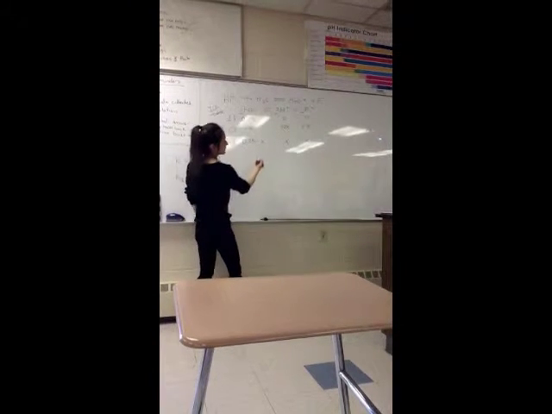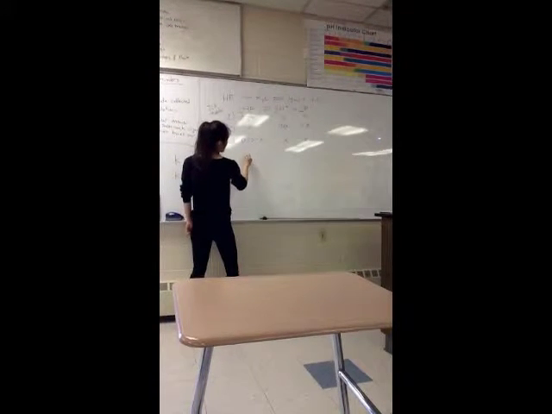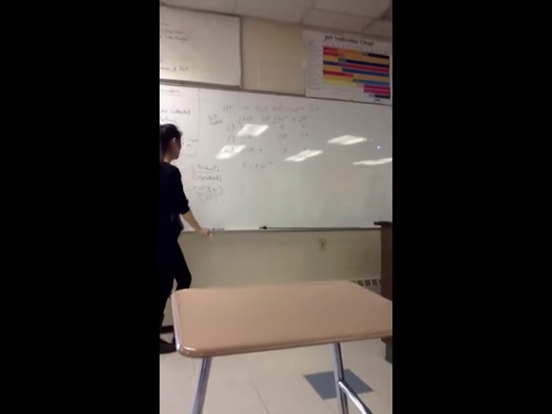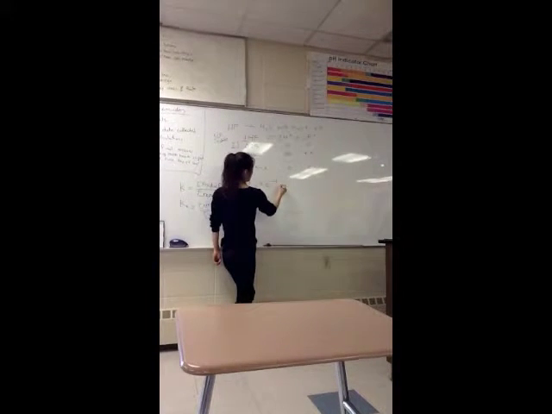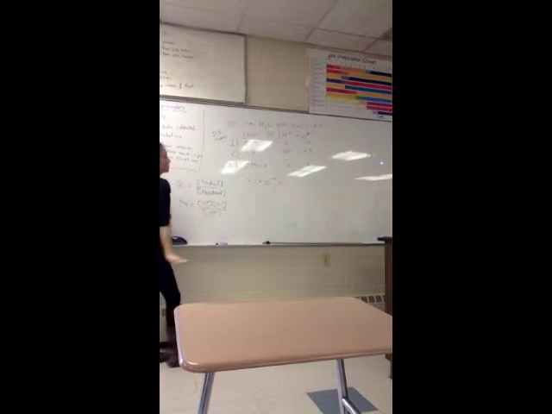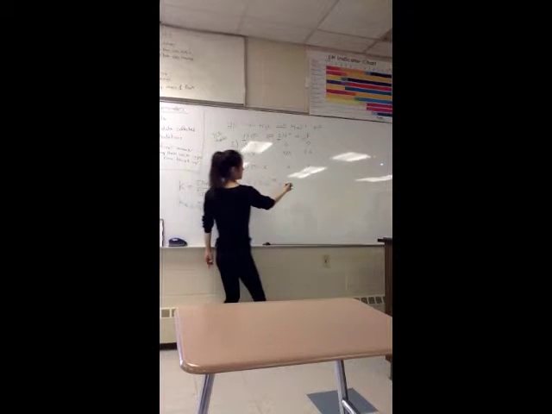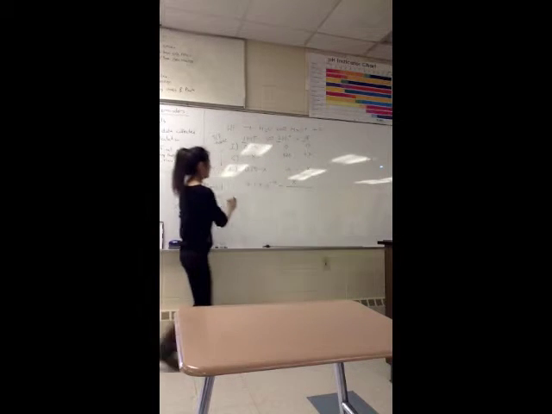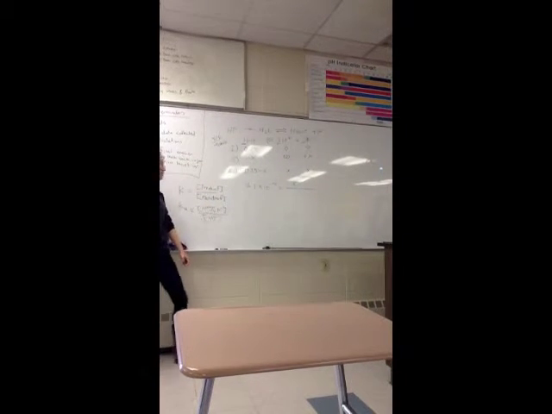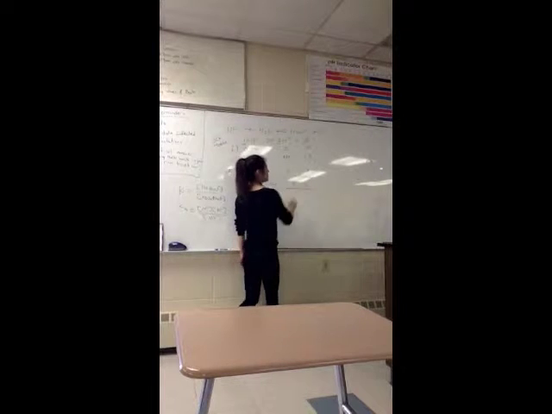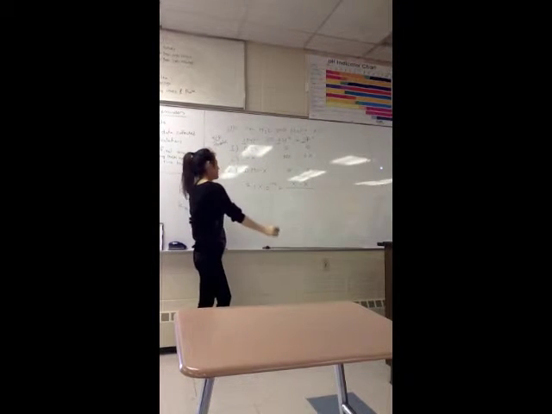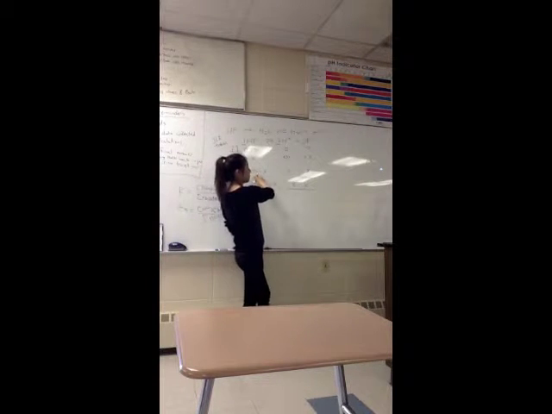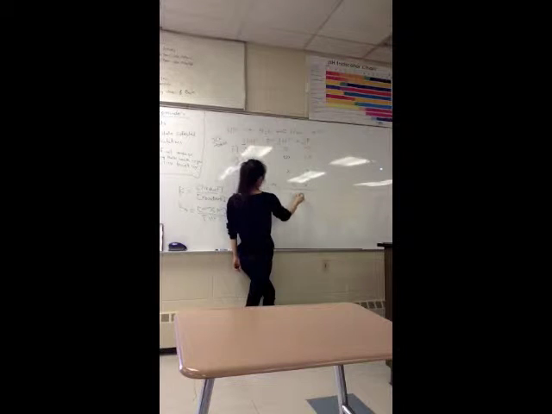So my K of HF will be 7.1 times 10 to the negative 4, which will equal the concentration of hydronium ions, H plus, which will be x, times the concentration of fluorine ions, which will be x. Now, the concentration of my hydrofluoric acid will be 0.25 minus x.